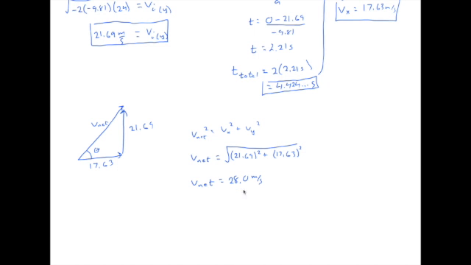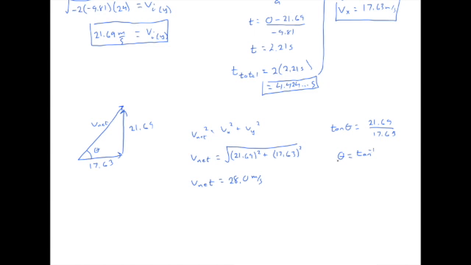Now if we were asked for a speed, that would be enough, but we're asked for a velocity, so we do also need this angle, and so I'd use tan for that. And so tan of theta is going to be the opposite, which is the 21.69, over the adjacent, which is the 17.63. So 21.69 over 17.63. And so theta then is going to be equal then to the inverse tan.